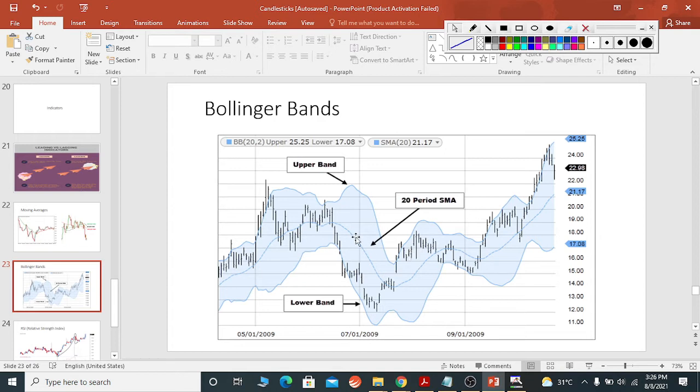Because with indicators, generally you get a signal very late. Over here, if you see, the price is reaching the lower band, and what I said is that whenever the price reaches the lower band, you can expect to create a long position and then expect it to go up.